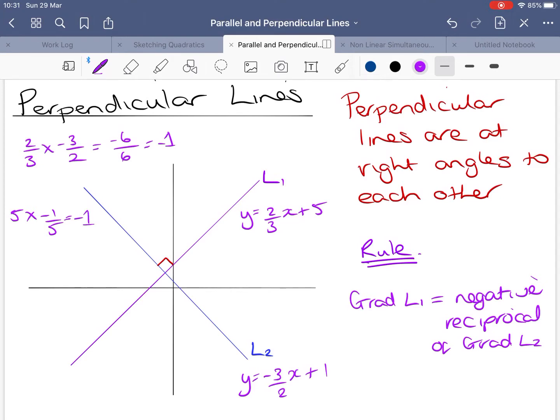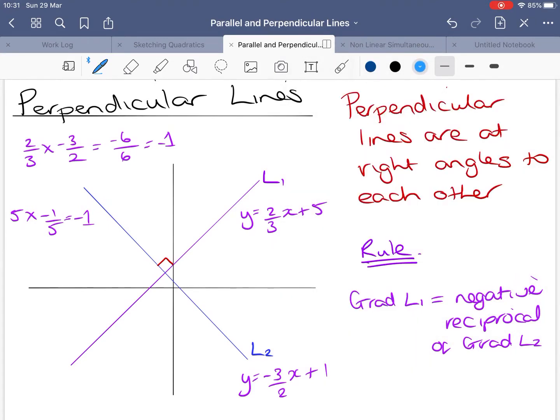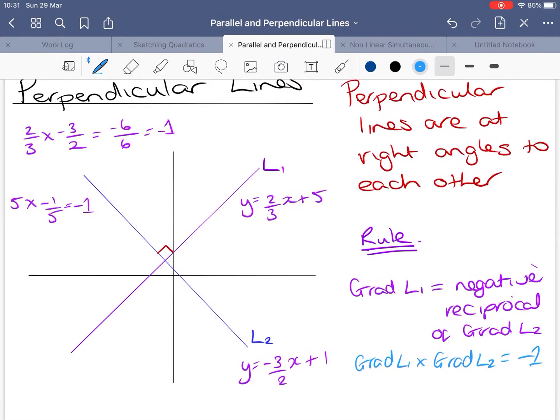So sometimes when we're trying to prove perpendicularity, it's quite nice to use the rule that the gradient of L1 times the gradient of L2 must equal minus 1. When you multiply the two gradients together, the product of the two gradients is minus 1.